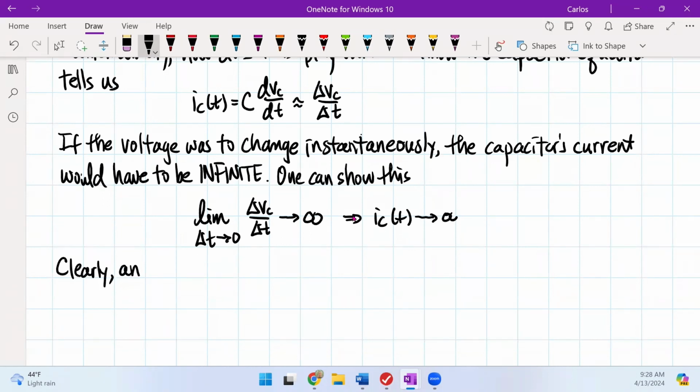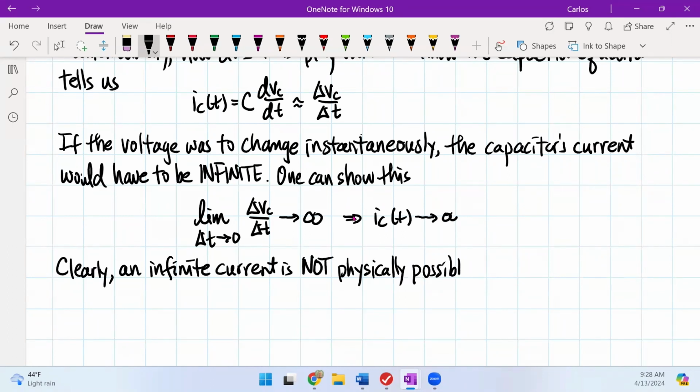Clearly, an infinite current is not physically possible, and the voltage cannot change instantaneously.